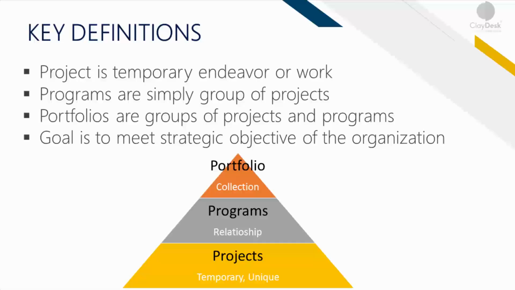A portfolio, on the other hand, is a collection of projects, programs, subsidiary portfolios, and operations managed as a group to achieve strategic objectives, right? So you have projects, then you have programs, and then you have the entire portfolio. Here's a visual diagram that's easier to identify. Since you know the concept, it's easier to see and analyze and say, oh, that makes sense.